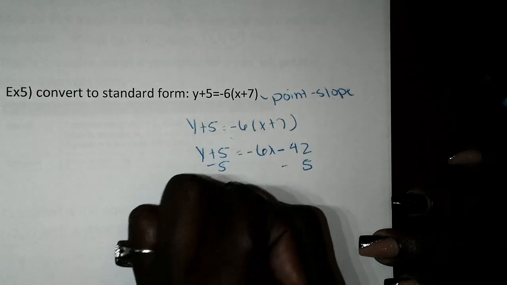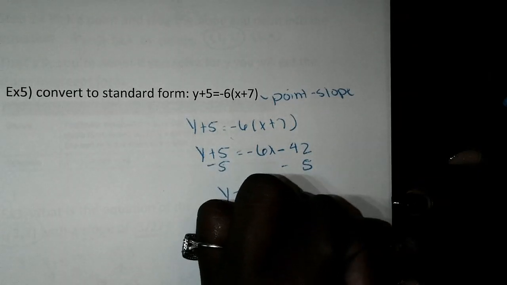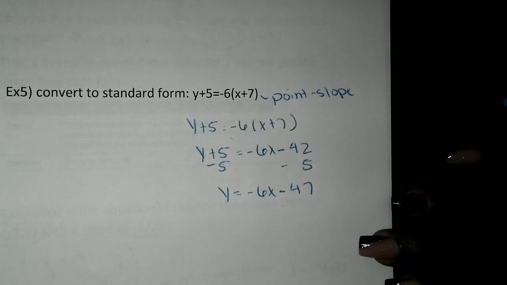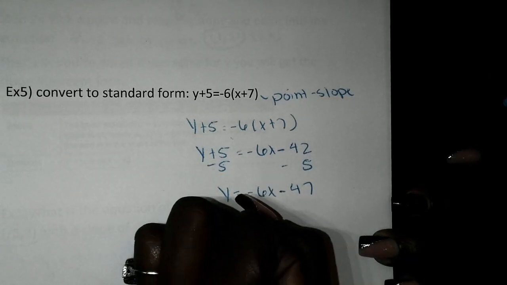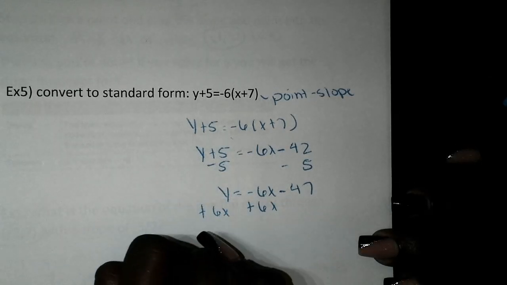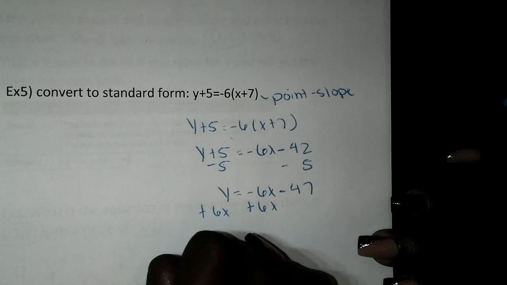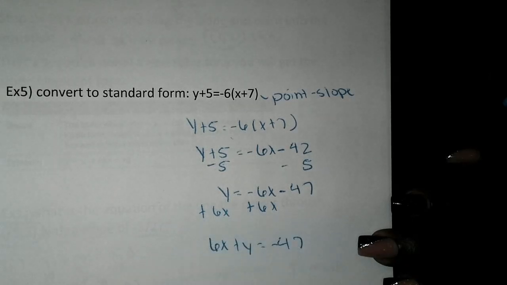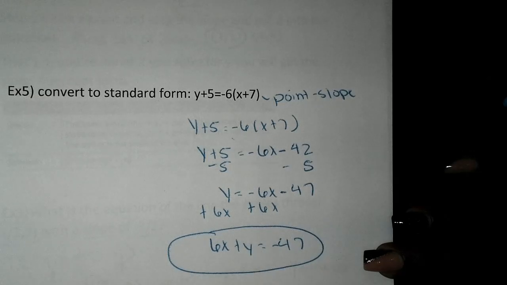So we got y equals negative 6x minus 47. Now I can put it in standard form. I'm going to move my 6x. So that becomes 6x plus y equals negative 47. That is in standard form. So we went from point slope form to standard form.